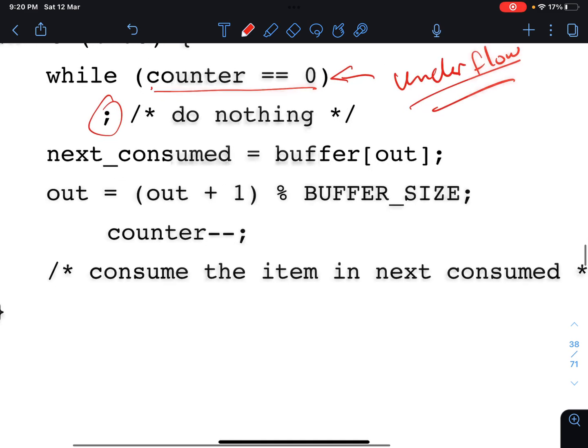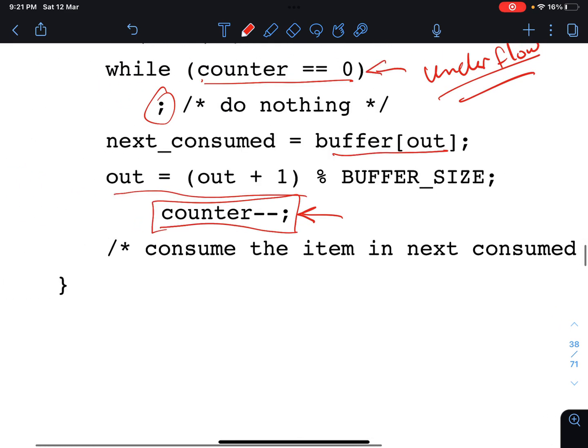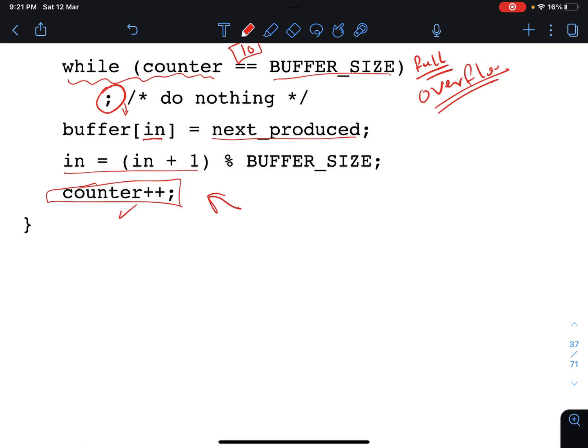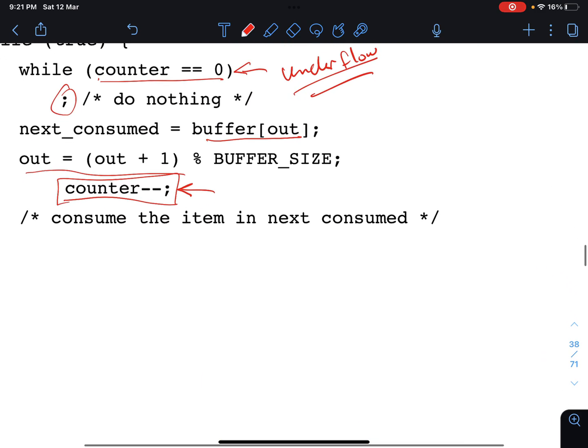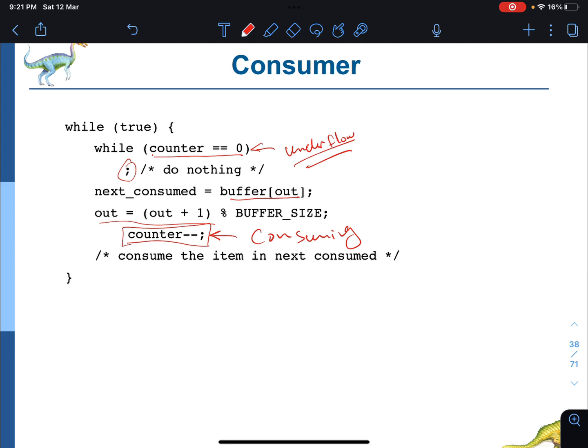Now, here is the next consumed, and then you add the out equal out plus 1, just like the last time. But here, you say counter equal counter minus 1. You reduce the counter by 1. Here, you increased the counter by 1 because you're producing. Here, you are consuming. And problem solved. You think so, right?